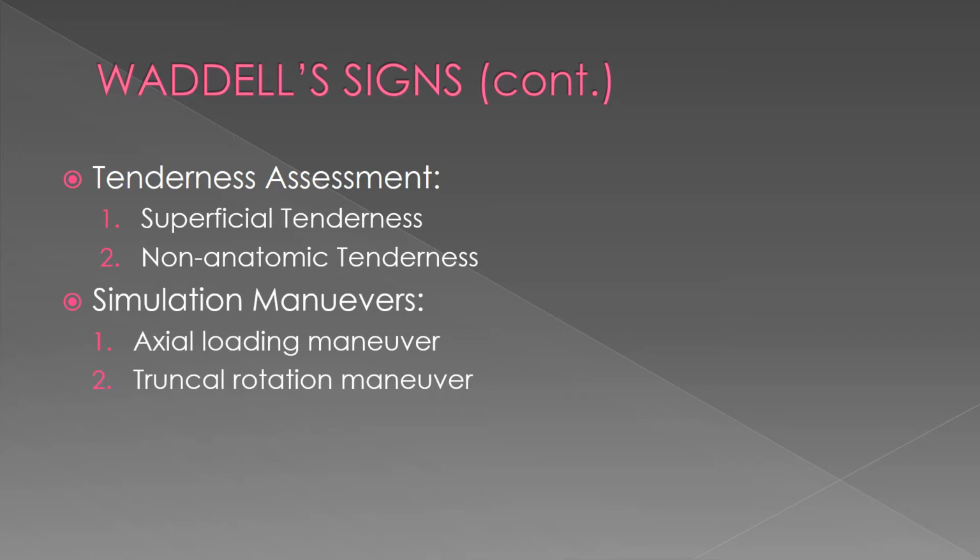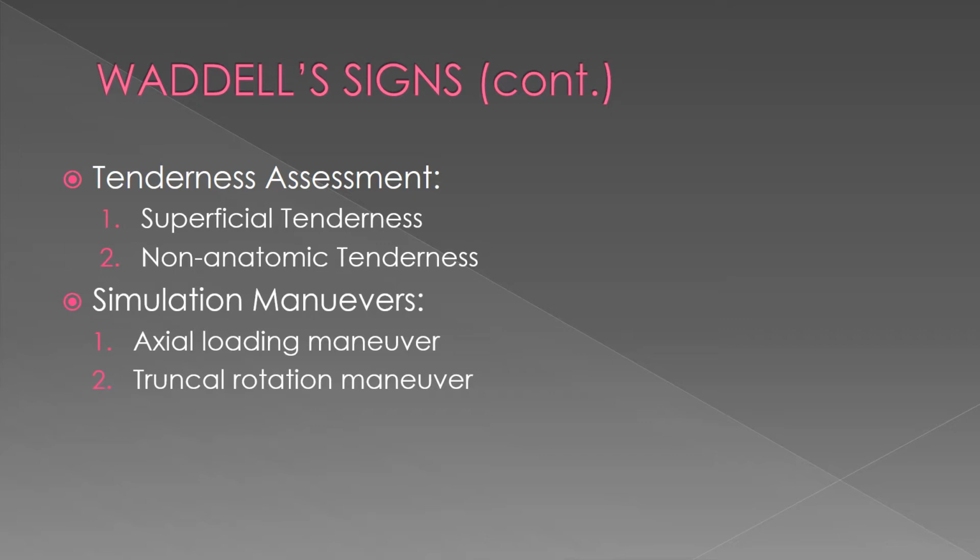A report of lower back pain with the axial loading maneuver was described as a non-organic sign, because by the time that axial loading went through the vertex of the skull, down into the cervical spine, etc., any load had long since dissipated and disappeared by the time it approached the lumbar spine. So in actuality, there is no axial load applied to the lumbar spine with this maneuver. So a report of lower back pain with the axial loading maneuver would be considered a non-physiologic or a non-organic sign.